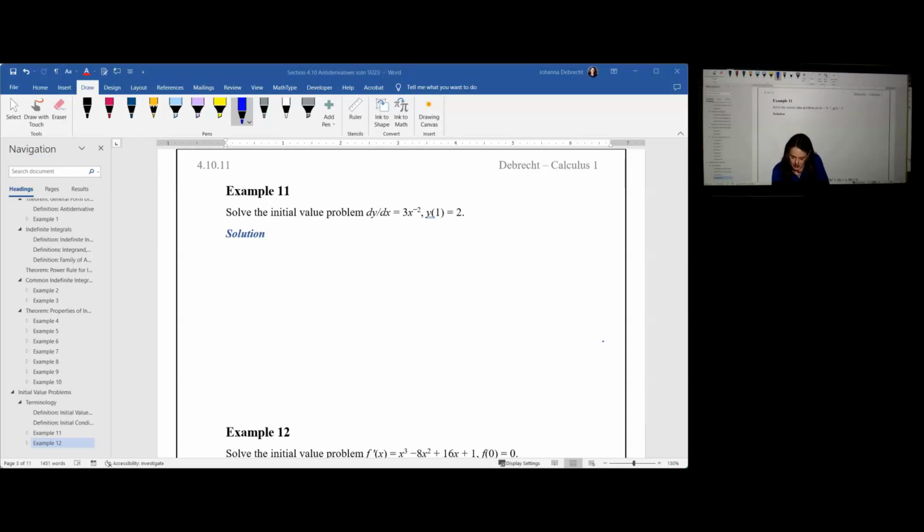Let's now take a look at example 11 by taking the indefinite integral of 3x to the negative 2 with respect to x. We can take the 3 out of the indefinite integral, but I will tell you now that we often leave it on the inside, just knowing that it can be held in abeyance until we're ready to use it. In other words, we don't always rewrite it.